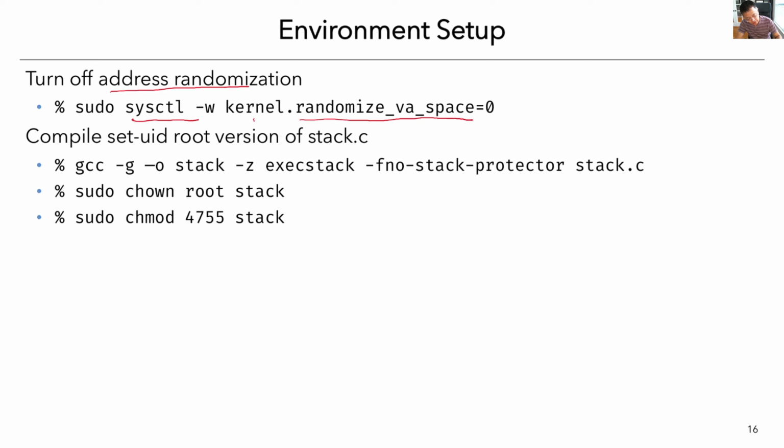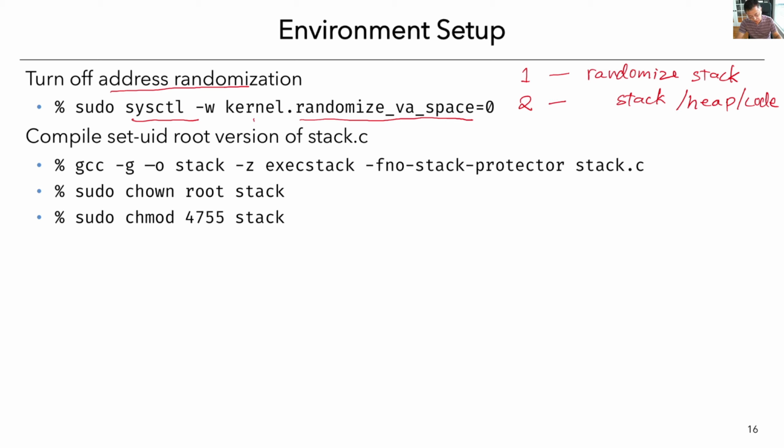This parameter can be set to 1, in which case it's going to randomize the stack. It can be set to 2, which can randomize the stack and the heap and the code section if it's able to.